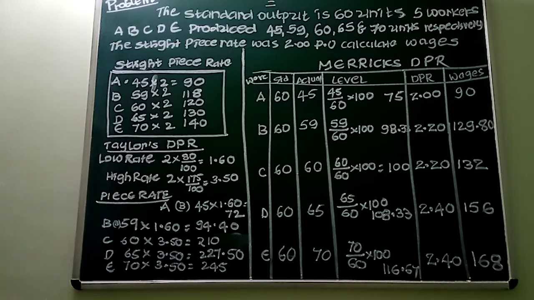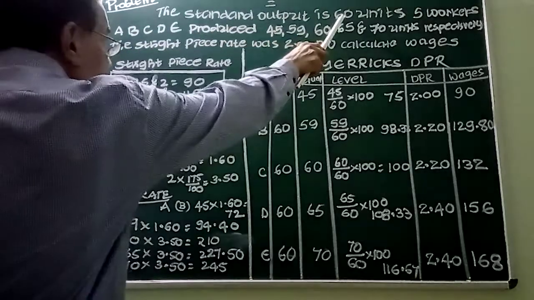Under Taylor's differential piece rate method, up to 80% of the efficiency, we are going to bifurcate the workers into 2 important categories: the workers who are below standard and the workers who are above standard, because here the standard is given as 60 units.